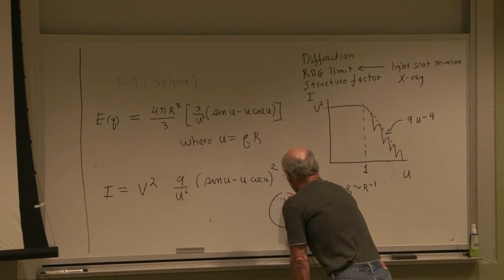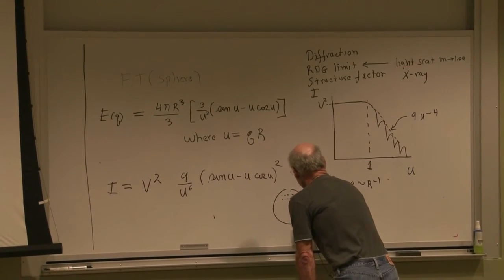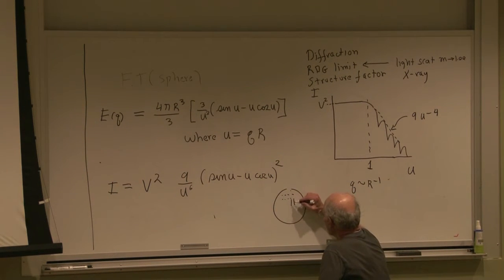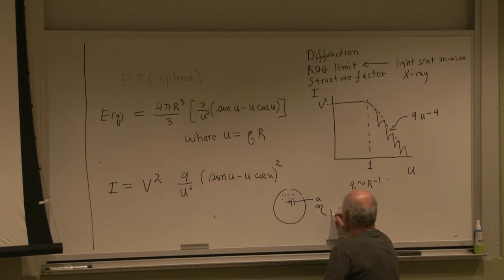I filled this with point scatterers, and if their separation is A, if the Q region gets even smaller, right? So if this is 1 over Q, then what happens?